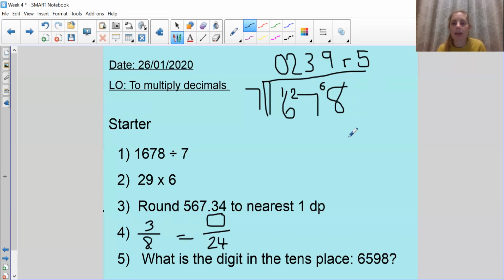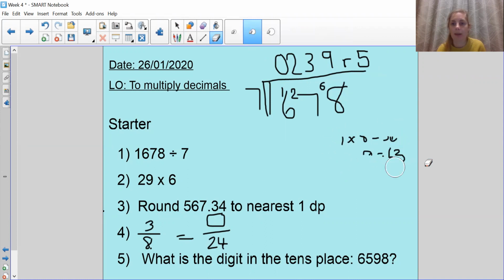And if we get a big number like this, then like I did, I found one that I do know, and we all should know 7 times 8 is 56, because 5, 6, 7, 8. All right, so then I could work out 7 times 9, which is going to be 63. And then what am I left with? If I've got 68 and I take away 63, I'm left with 5. All right, so that is the answer for number 1.